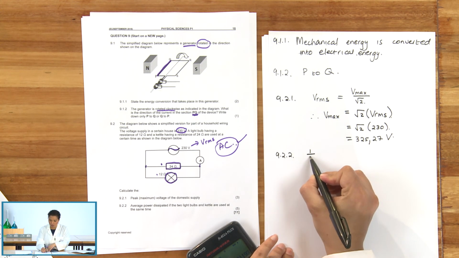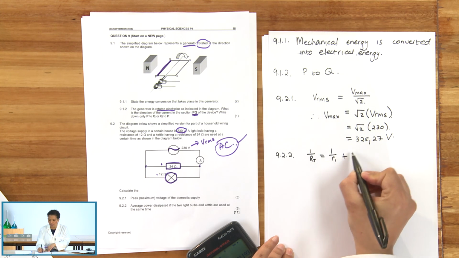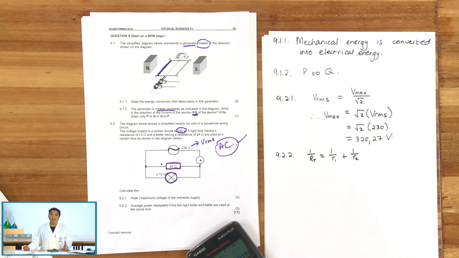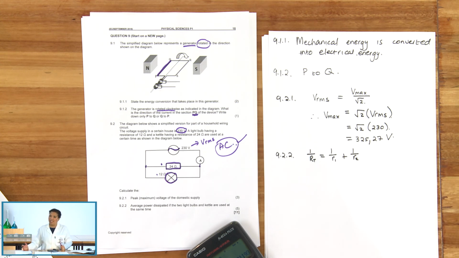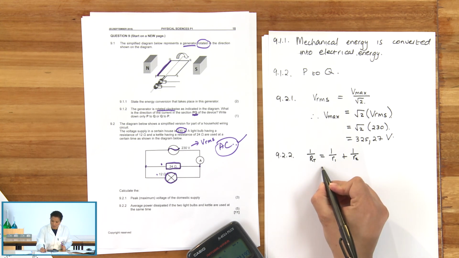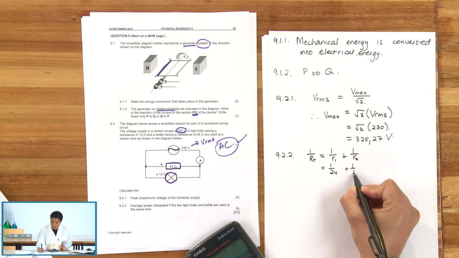So 1 over R total equals 1 over R1 plus 1 over R2. Please, if you've forgotten this, we definitely would be recapping it in our electric circuit section of the series, but if not, go and have a look at your grade 10 textbook. This is the formula for calculating a range of resistors in parallel. And so this would equal 1 over 24 plus 1 over 12.